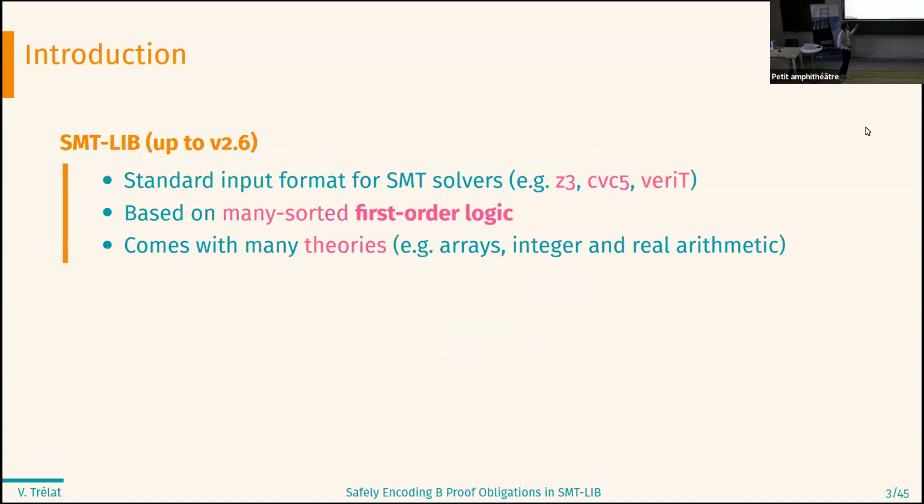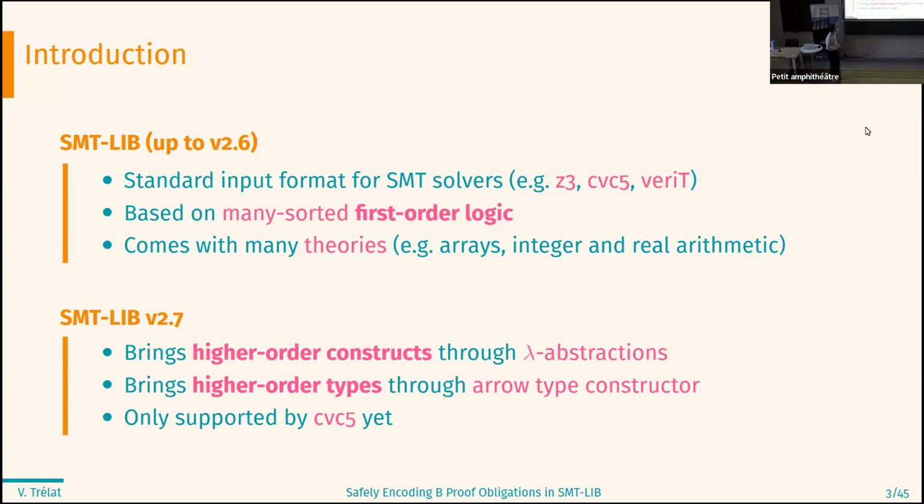Just a quick reminder on the SMT-LIB language. It's the standard input format for SMT solvers. Up to version 2.6, it was based on many-sorted first-order logic. What is cool with SMT-LIB is that it comes with many theories that are then up to the solver to implement the different solving methods.